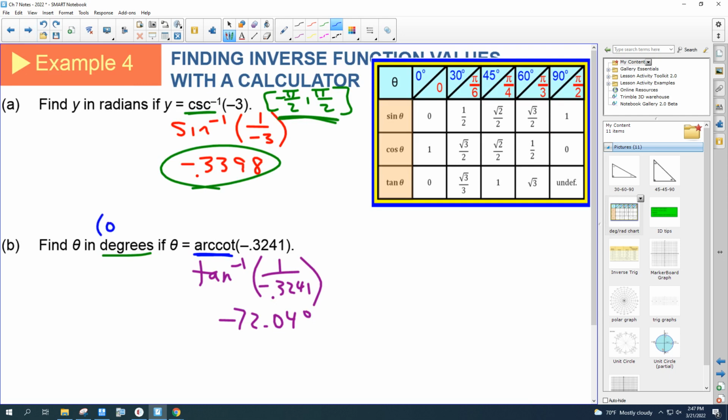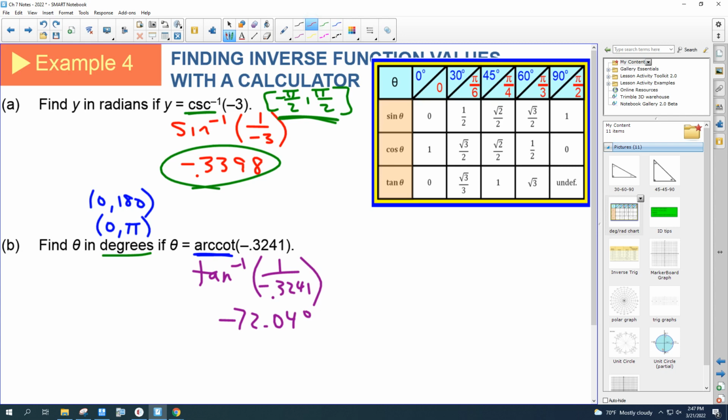Or I guess, since we're in degrees, we can say 0 to 180. But the question is, am I even allowed to have a negative answer? This range is talking about your outputs, and this range is telling me I'm not allowed to have a negative answer. So you better not tell me negative 72. If I tell you I need a number between 0 and 180 and you tell me negative 72, you have to know that's wrong. Okay?